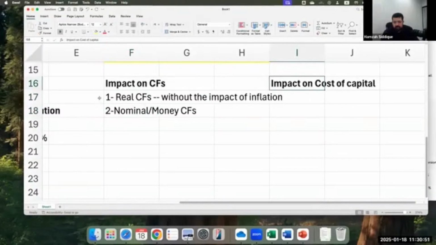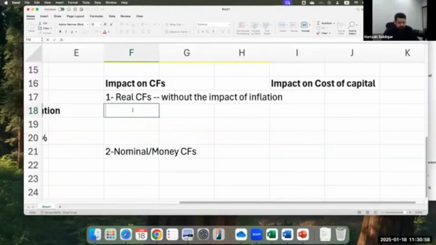They are also called cash flows in today's price terms.